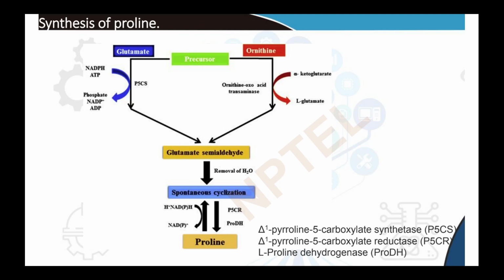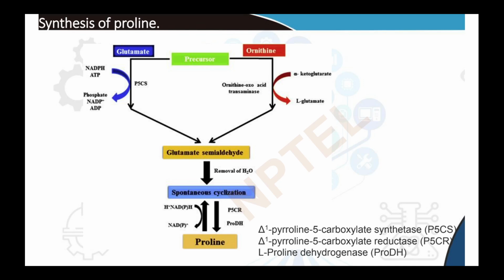Then from glutamate semialdehyde, the spontaneous cyclization occurs, and then the delta pyrroline 5-carboxylate reductase enzyme converts the cyclized semialdehyde into proline.